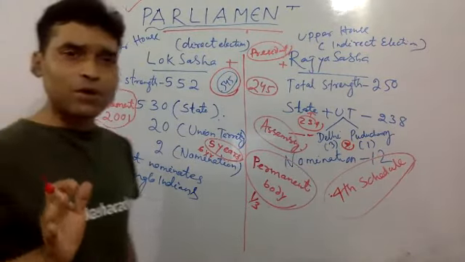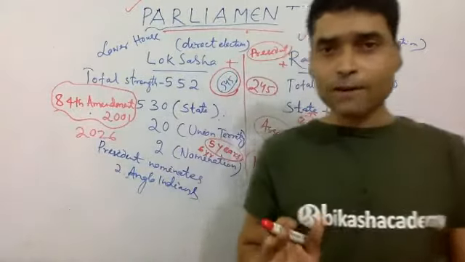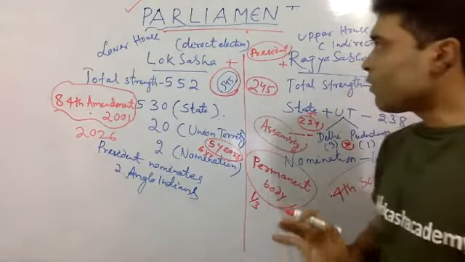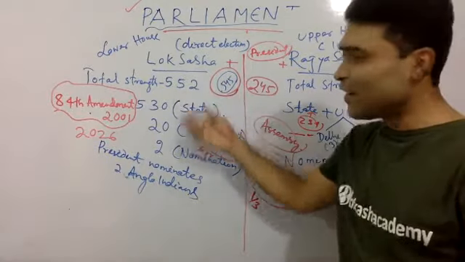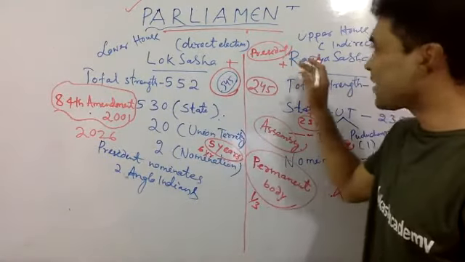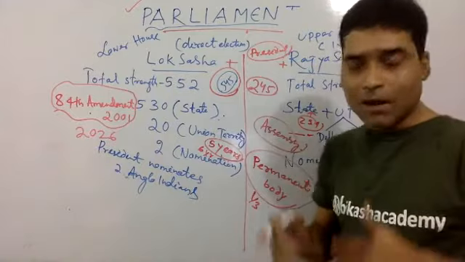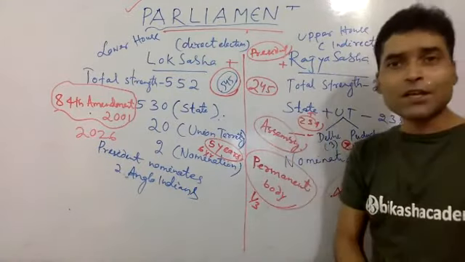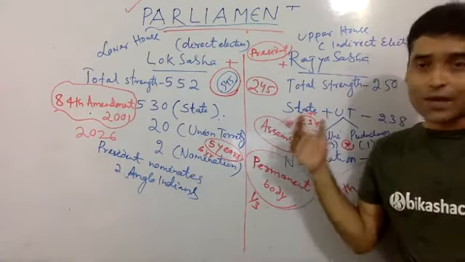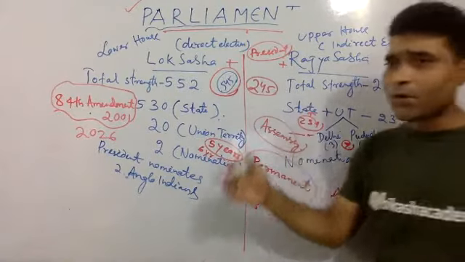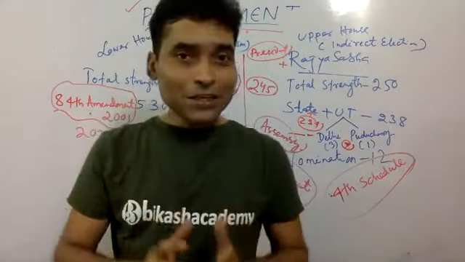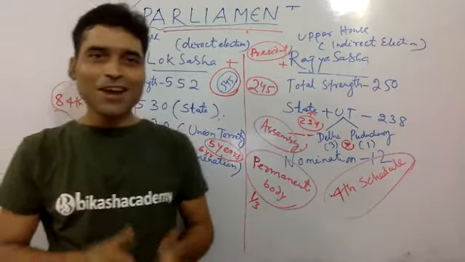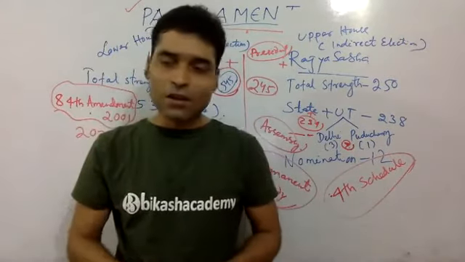This is very, very important. So you should remember, right? I hope this is clear. And Speaker presides in Lok Sabha. In Rajya Sabha, it's the Chairman. And by default, the Vice President is Chairman of Rajya Sabha. These are the important points you should remember while studying the organization and composition of Parliament, right?